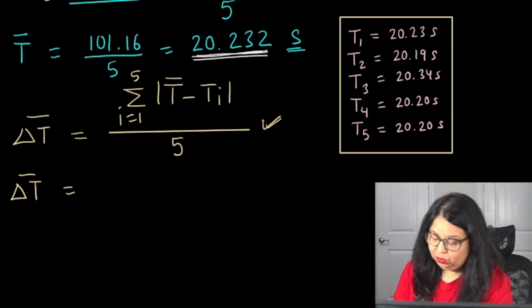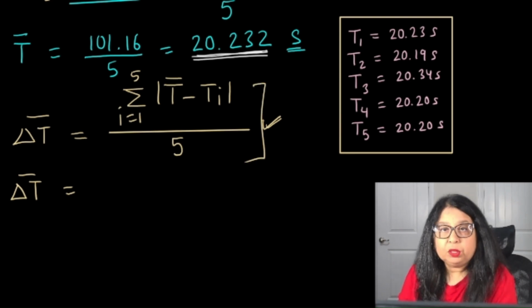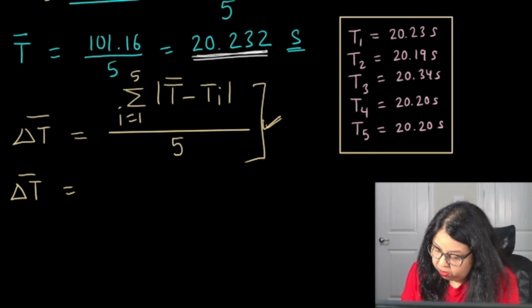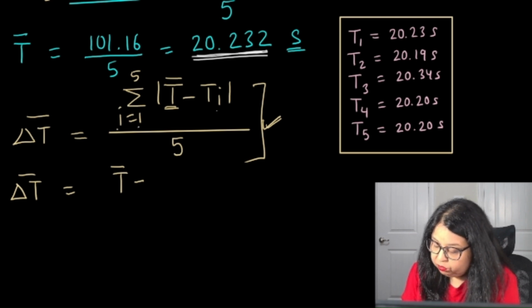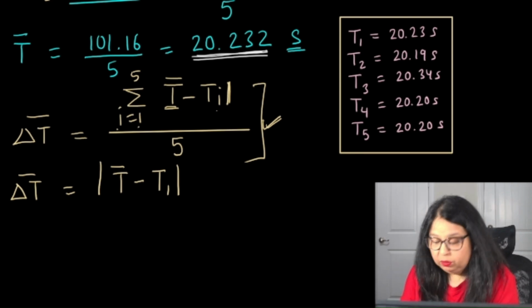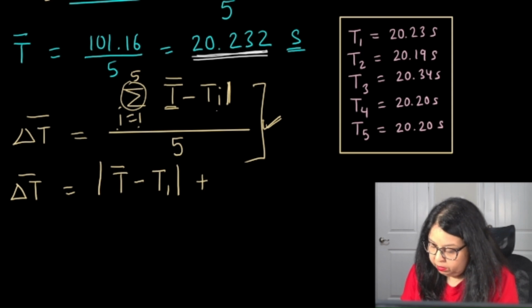Let's see. So I'm going to expand this equation symbolically now. What I'm going to do is this: t bar minus ti. i goes from 1 to 5, so i's first value is 1, t1. Then we have these lines here, which means the absolute value. Then we have the summation here, plus.